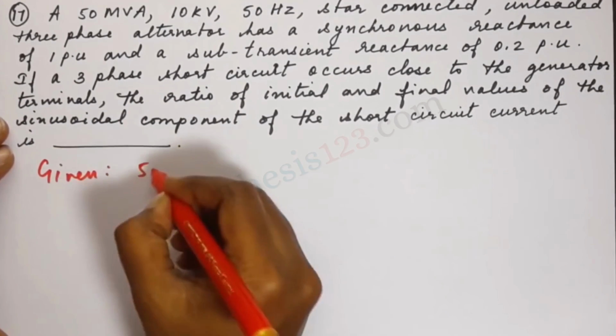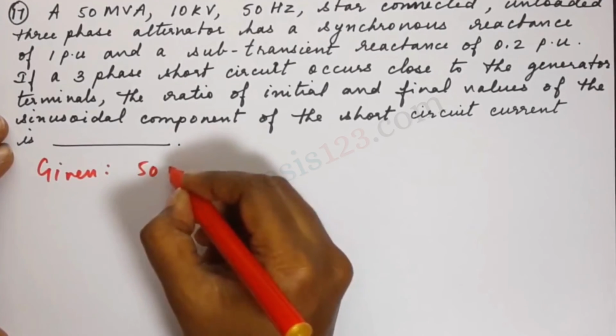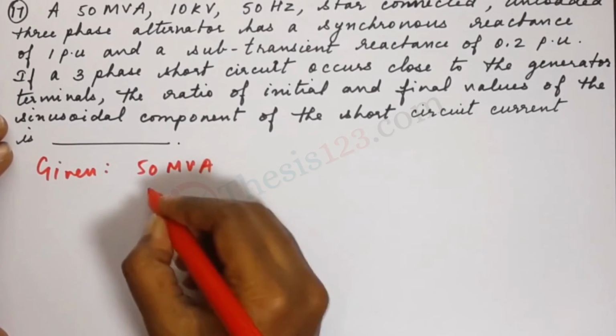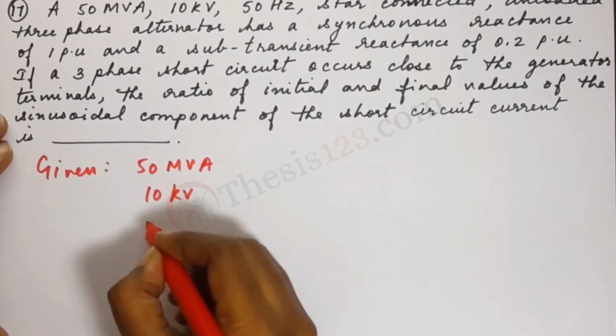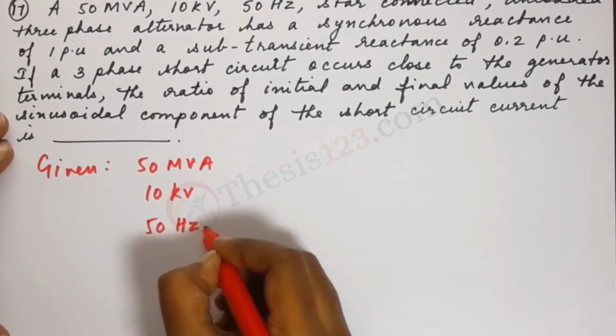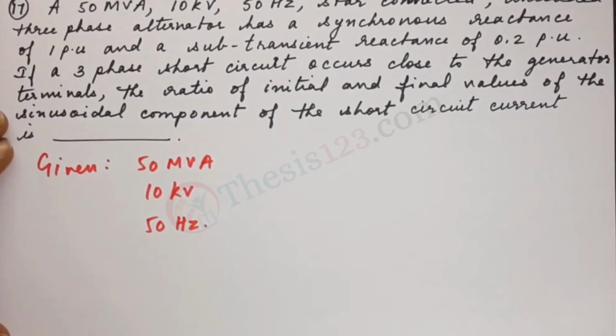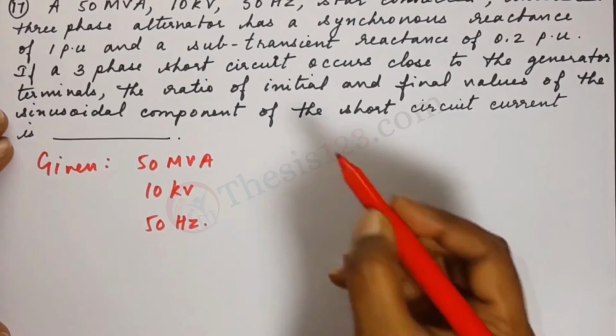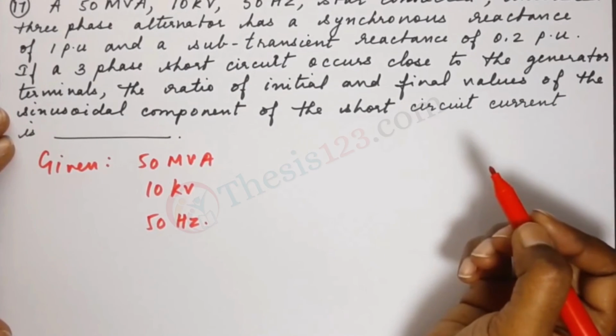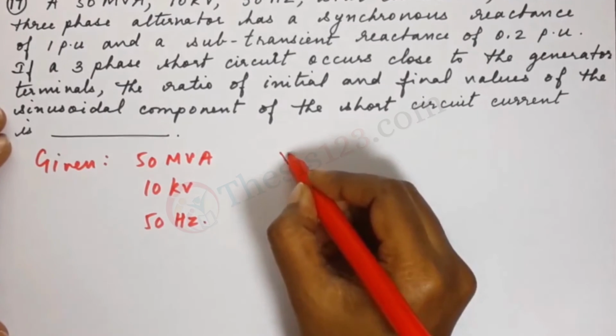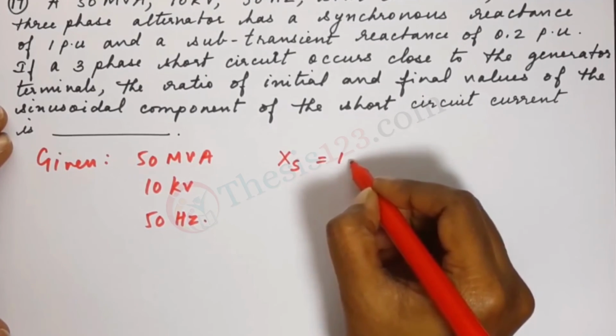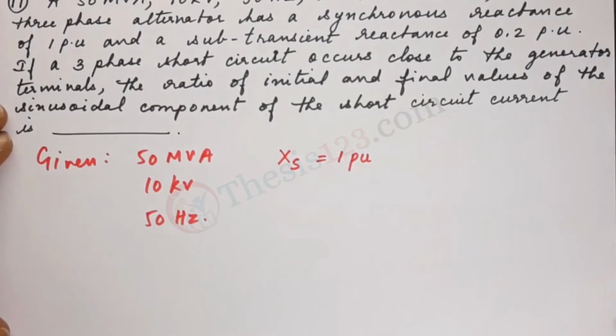We have been given that the system is a 50 MVA, 10 kV, 50 Hz, star-connected, unloaded, 3-phase alternator. We have also been given that the synchronous reactance, XS, is 1 per unit.